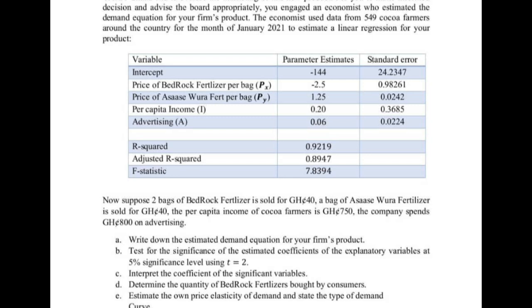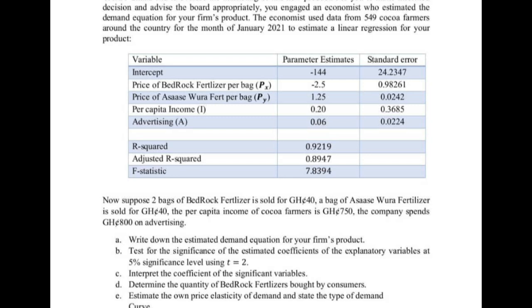The per capita income of cocoa farmers is 750. Then the company spends 800 on advertising. So we have to input this data into it.